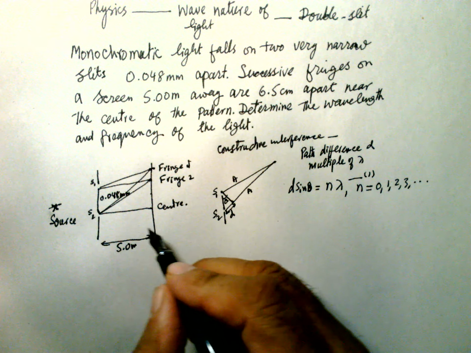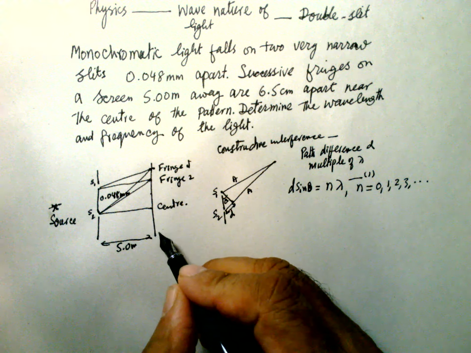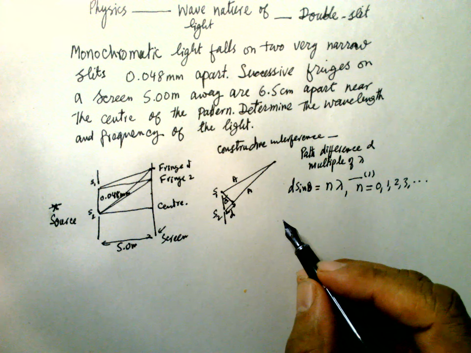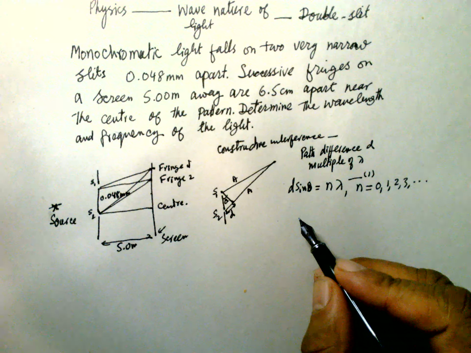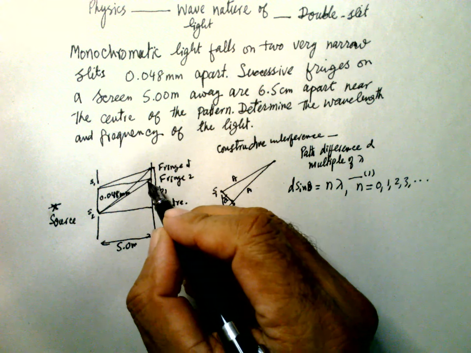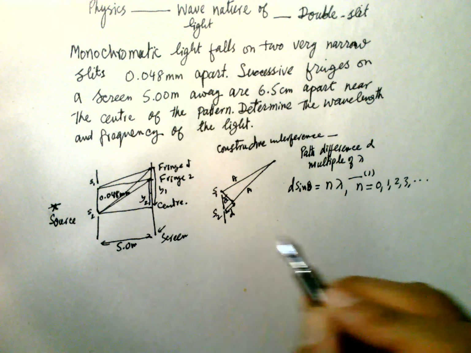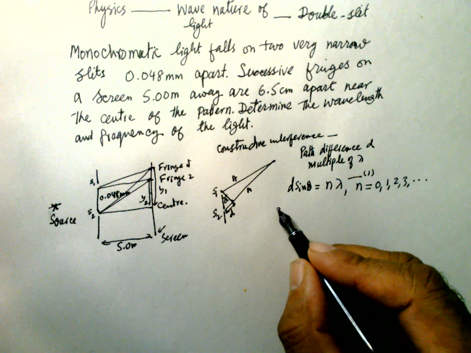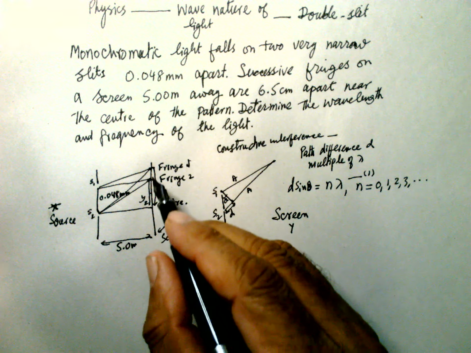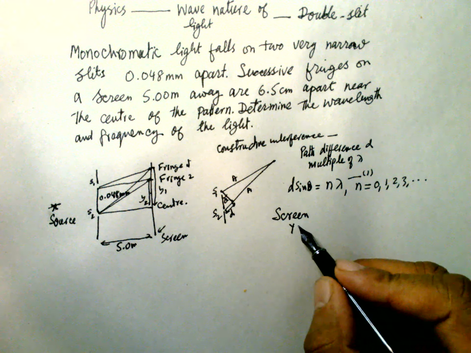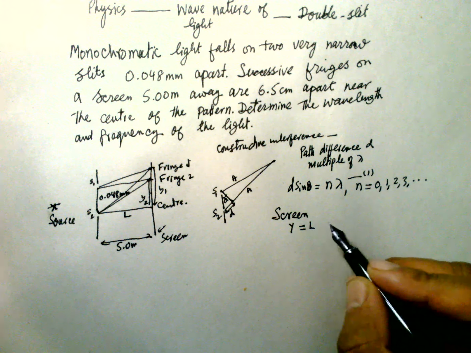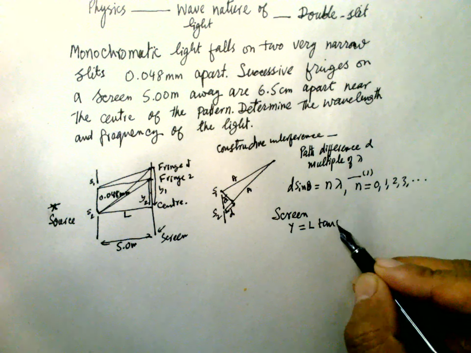And this is the screen. The height of this fringe is y1, and this height is y2. So for this fringe, y is equal to L, this is length L, times tangent of theta.